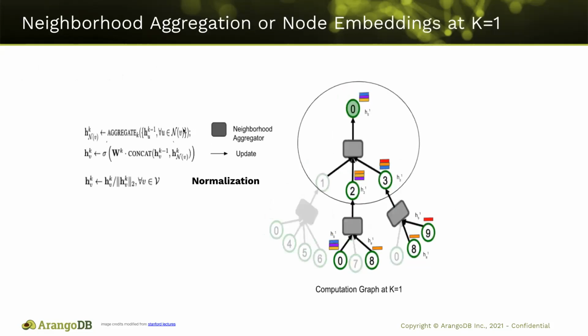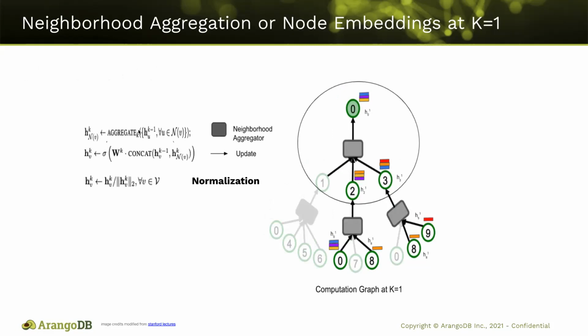So we are getting, or pulling, these k minus 1 representations from the neighbors of node 0, and then we are aggregating them.